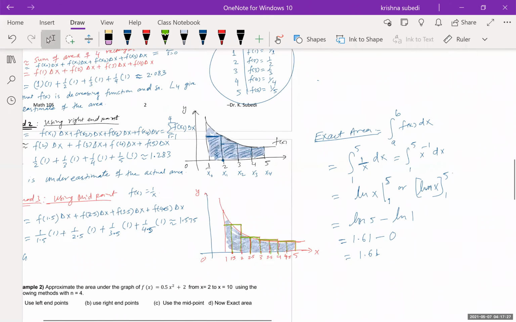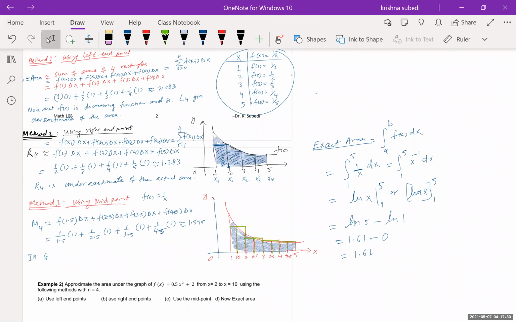Now let us compare all these three areas. Our exact area is 1.61. Using the left endpoint, we got 2.083, and we say that this is more than the actual area. And actually this is more, right? Because you can compare that. And when we use the right endpoint, we say that this is an underestimate, which is actually less than the actual area.